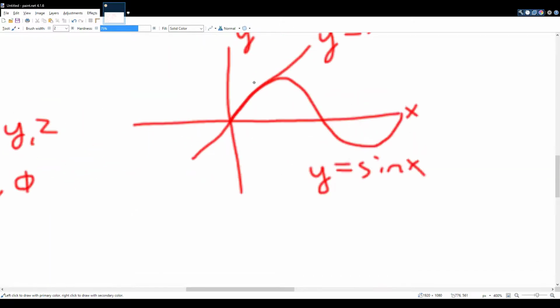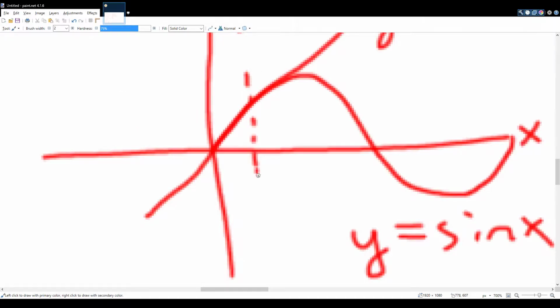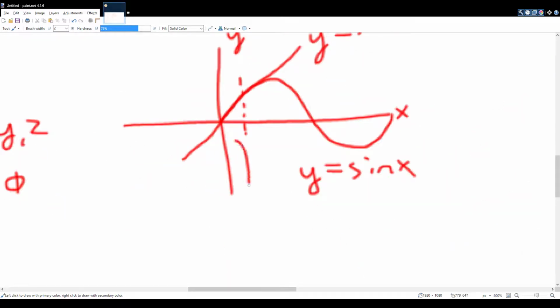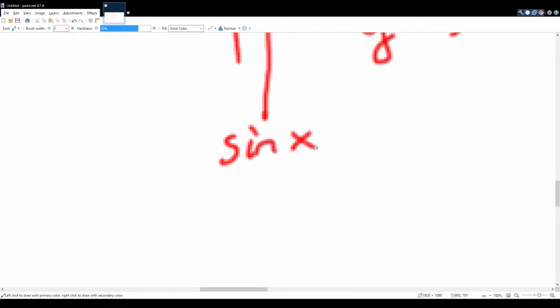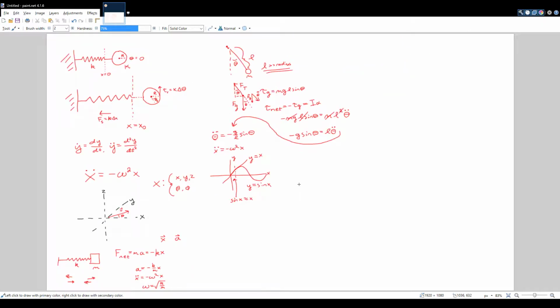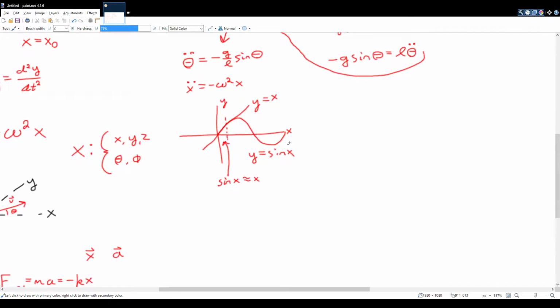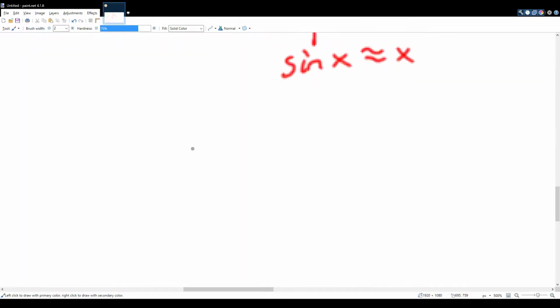And you notice for a pretty small interval here, during this interval, these two graphs are approximately equal. So sine x is approximately equal to x for small values of x. If we want to prove that, which we can with a little average value calculation, we know the error of this approximation.